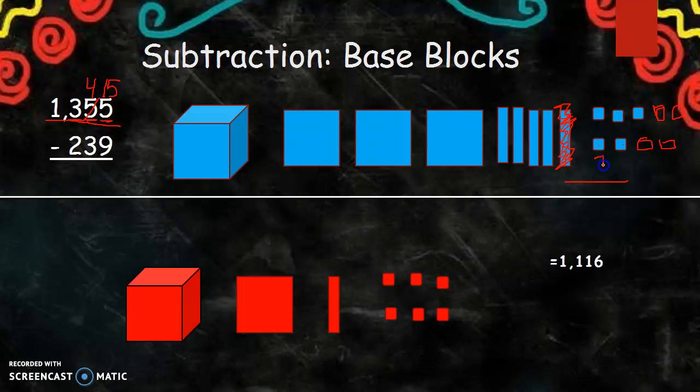So 4, 5, 6, 7, 8, 9, and 10. So now that we have 10 over here and 5, so we have 15 altogether in our units.